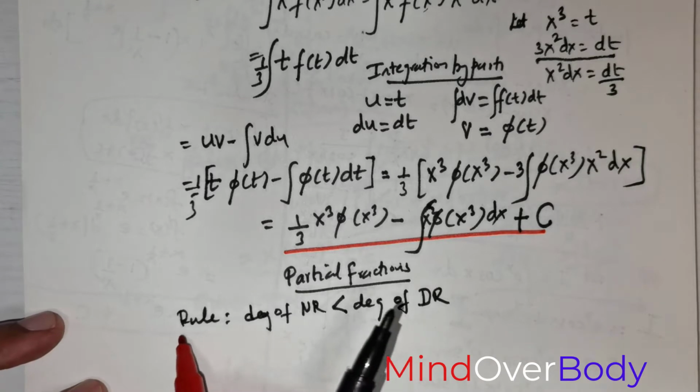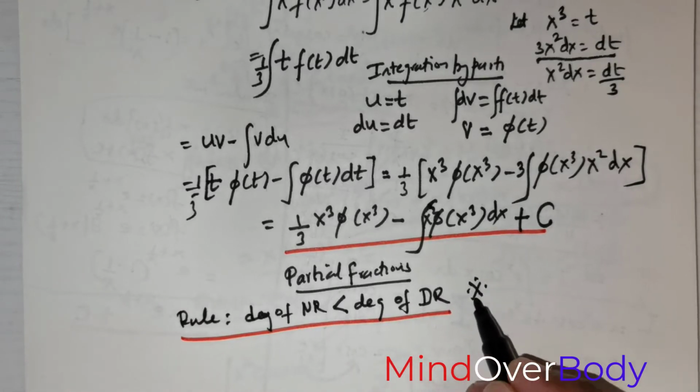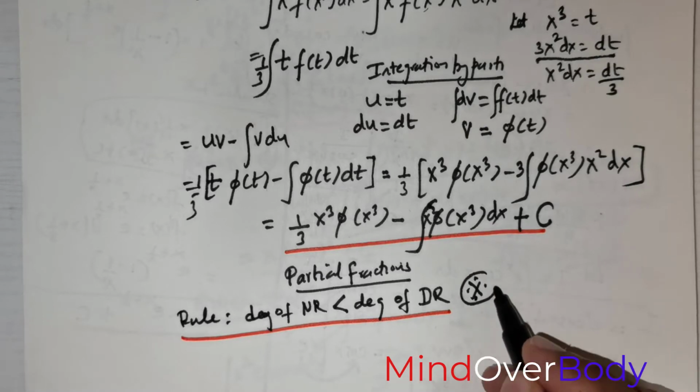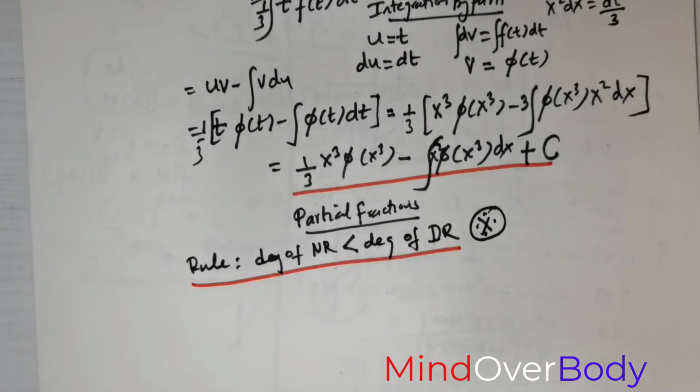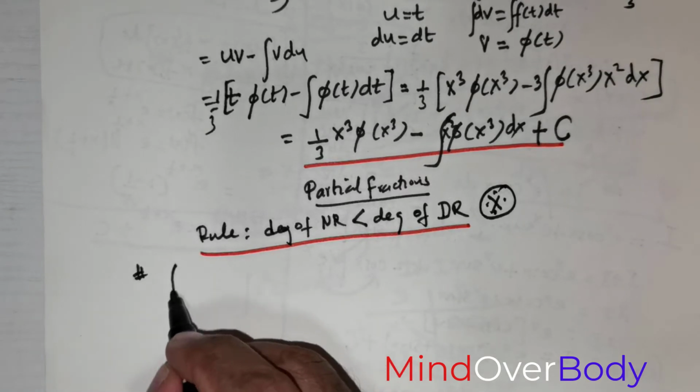If you are able to have this, only then you can apply partial fractions. Have that in mind. So this is a necessary rule, or you can state a necessary condition for applying partial fractions.